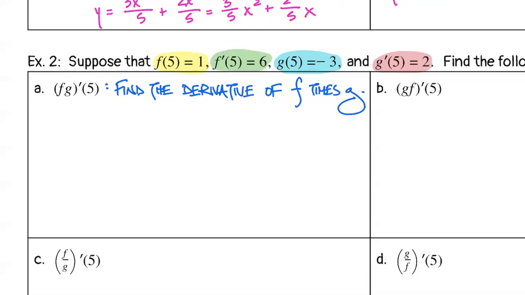And since we have two functions that we're multiplying together, that cues us to use the product rule. The times here is saying, hey, we want you to use the product rule.